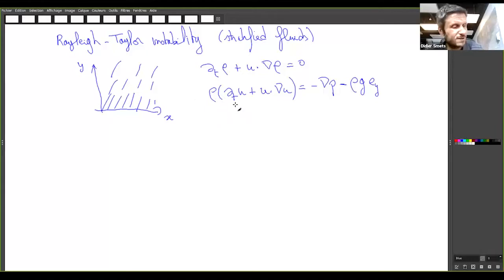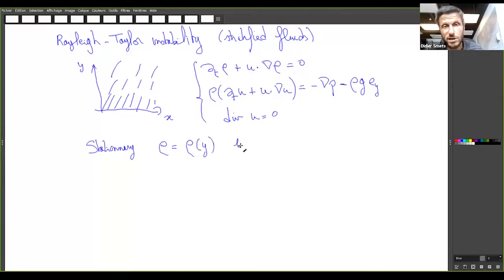Otherwise, density is of little importance, and divergence of u is equal to 0. Now, my reference solution, so my reference stationary solution, will be an arbitrary function of the height. So rho of x and y is actually a function of y only. And let me take the 0 speed as the reference solution.